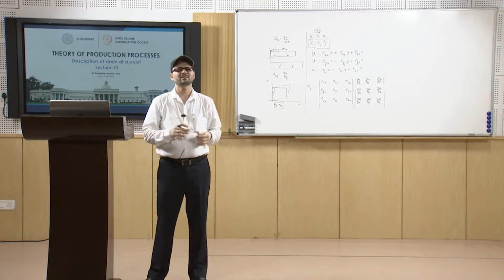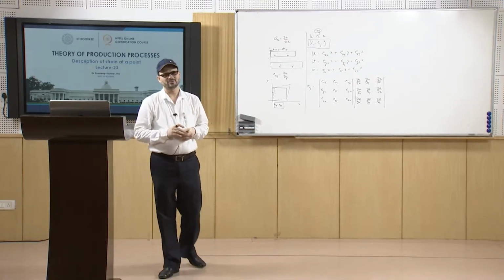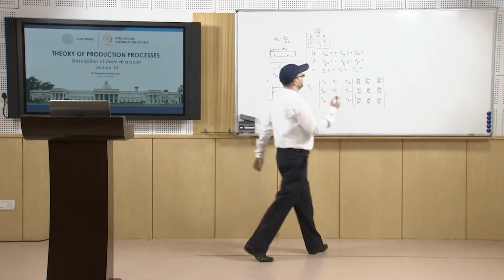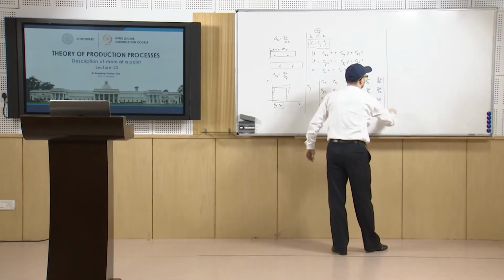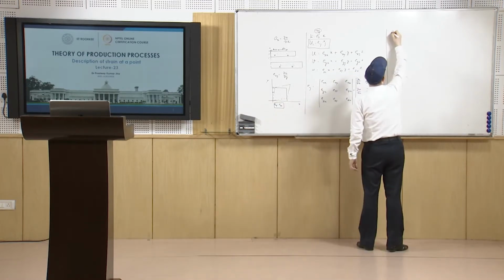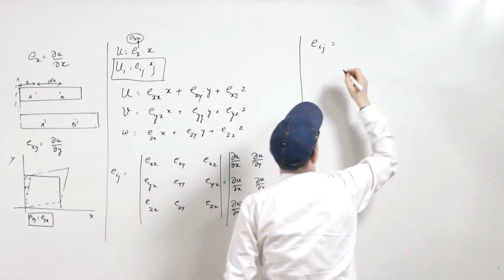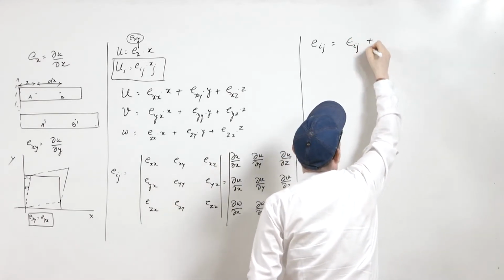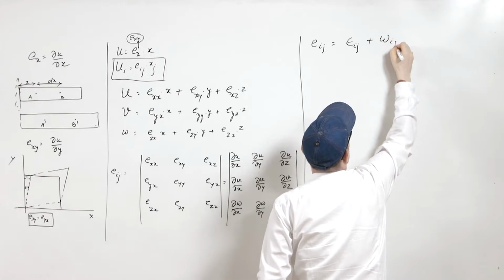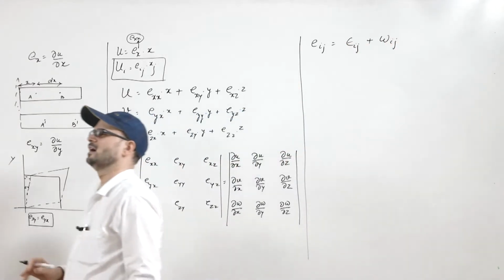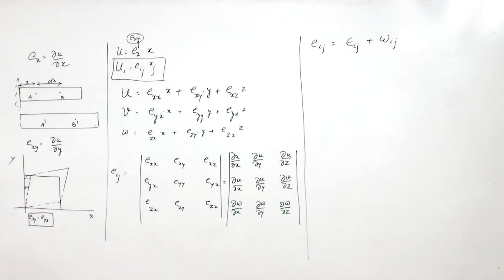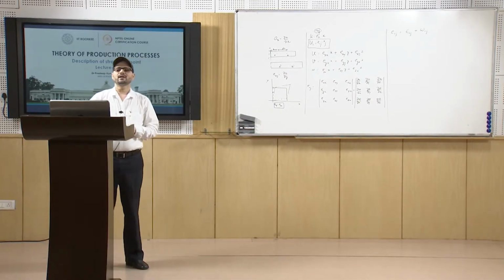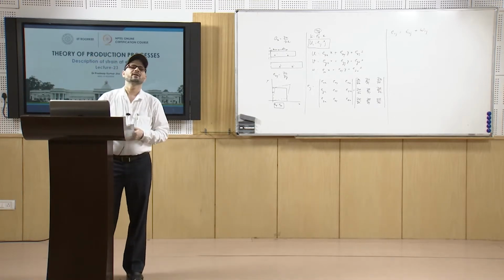One will be a symmetric matrix, another will be a skew symmetric matrix. So you can divide Eij further as epsilon ij and omega ij. The epsilon ij will be the symmetric matrix, and the omega ij will be the skew symmetric matrix.